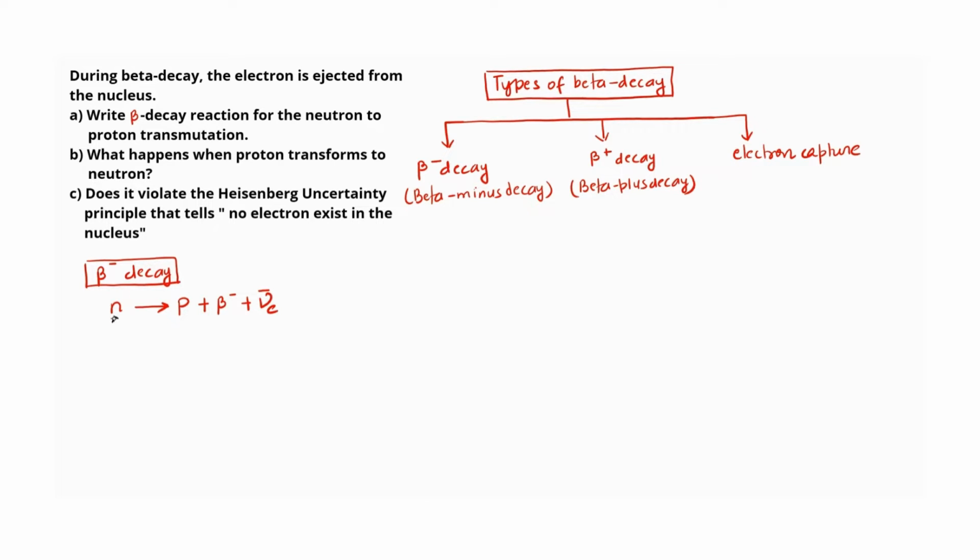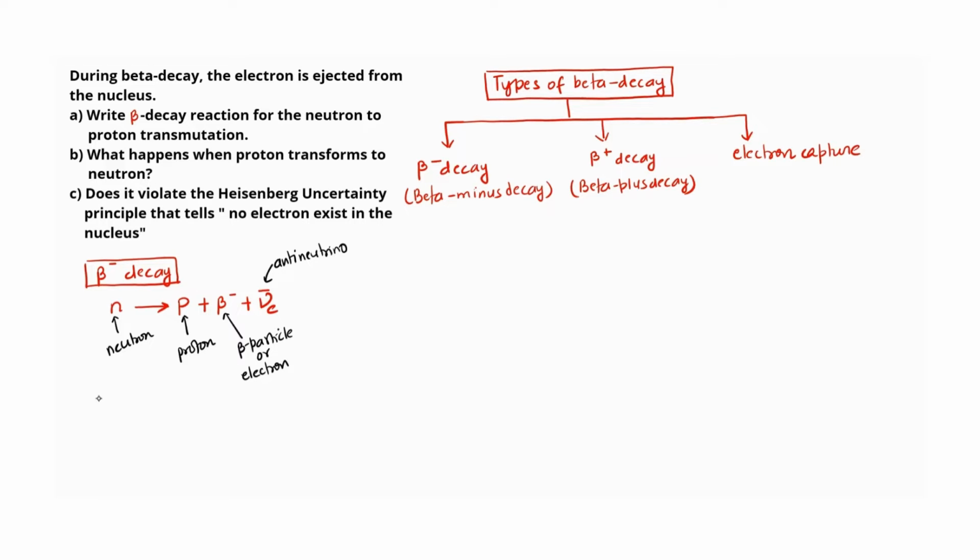This is neutron. This is proton. This is beta particle or electron, and this is anti-neutrino. So we have this, clear?